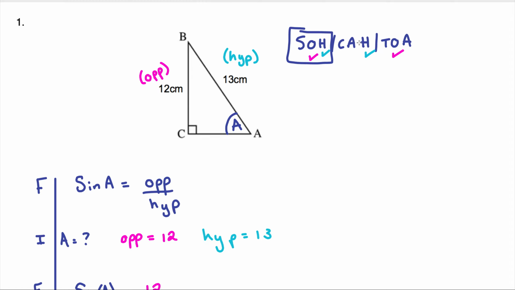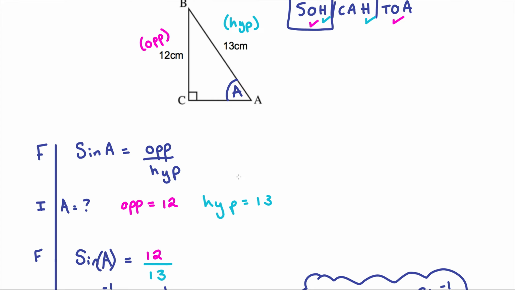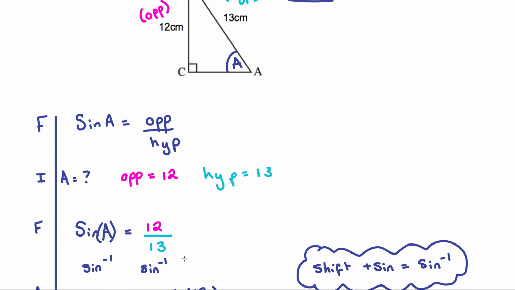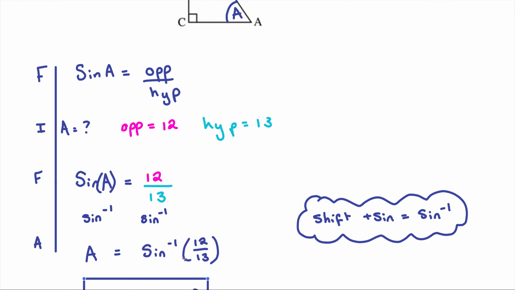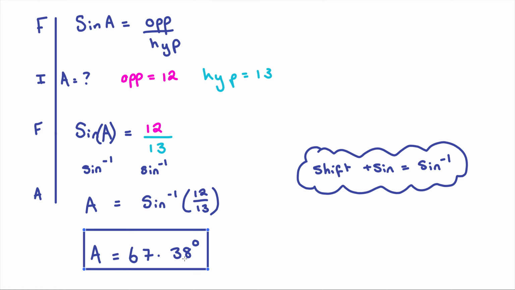The next step then, once you've picked your formula, you're going to start the FIFA method. Now, up as far as this stage here, it's exactly the same as what we've been doing. There's no change. So you write out your formula, you fill it in, and the only difference in this entire question from what you've been doing so far is the final step when you're working out your answer.